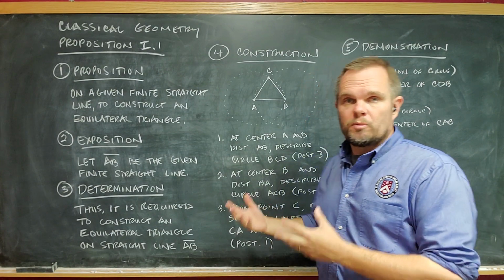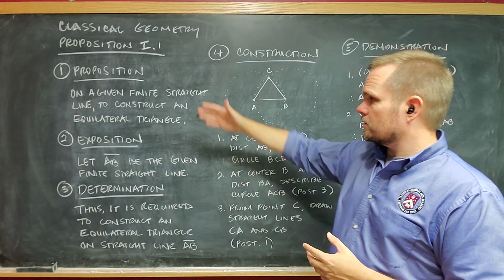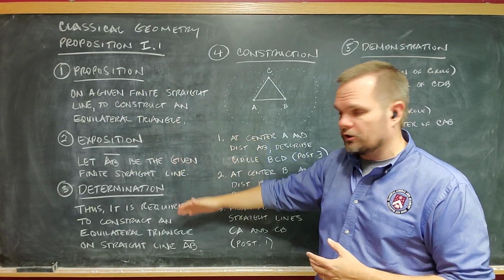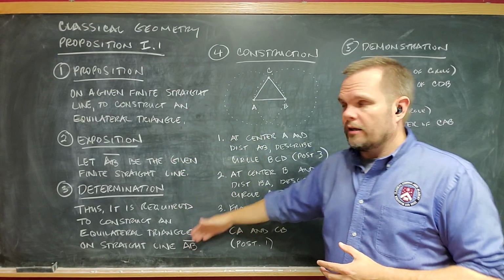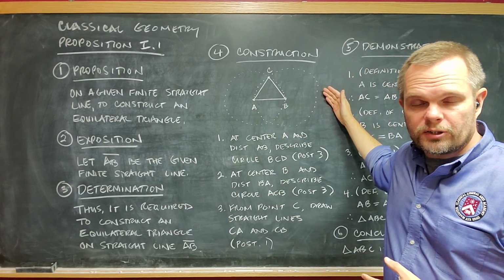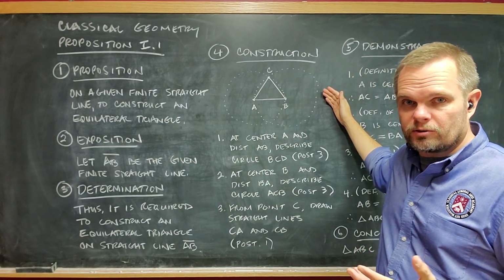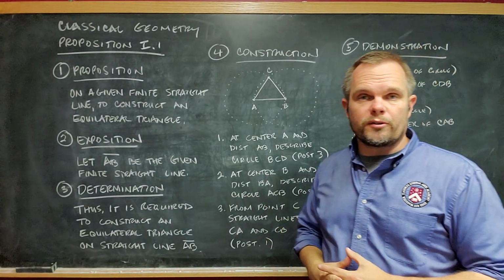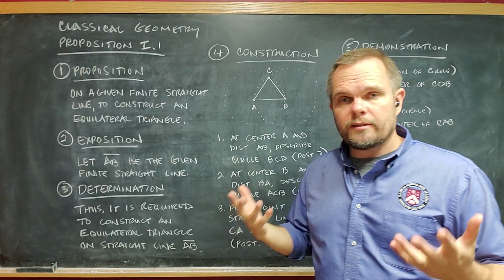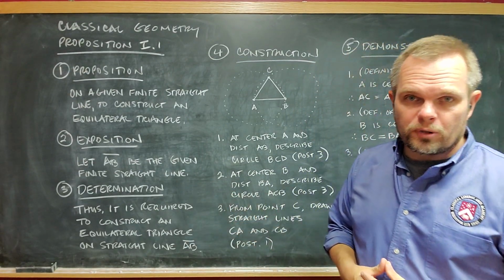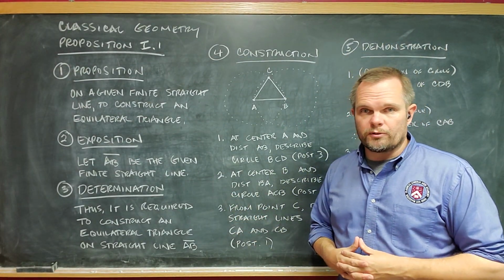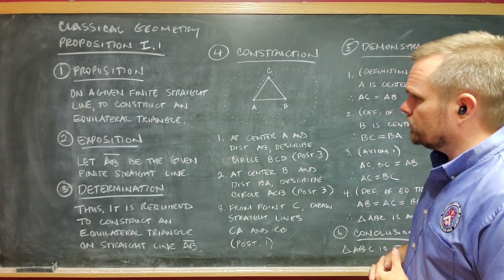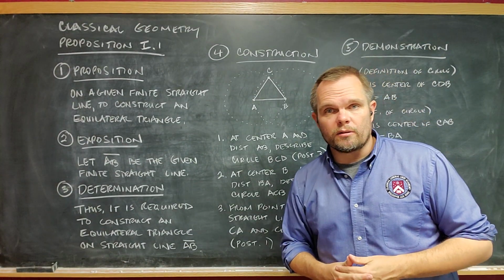Okay, so as we go through them, you're going to have to take the proposition, understand how to break it down into an exposition and determination, then produce the construction, if it's a problem, if there is a construction, then work out the demonstration, and finally wrap it up with a good conclusion. Okay, so that's how we study propositions in classical geometry. So our first proposition: on a given finite straight line, to construct an equilateral triangle.